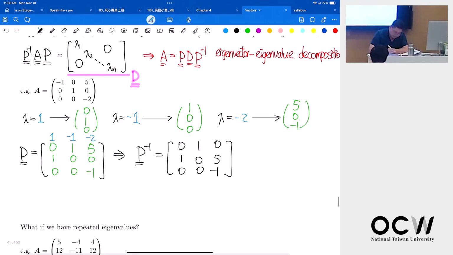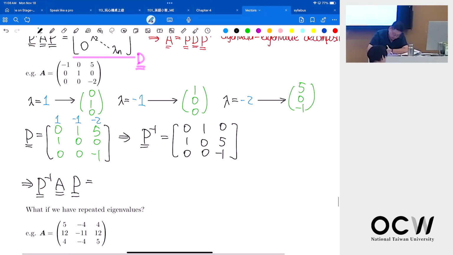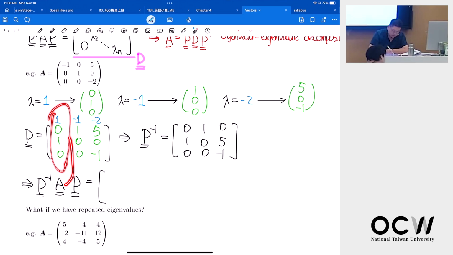Then your P inverse A P is what? Since for the first column you used the eigenvector with the corresponding eigenvalue 1, here you should get 1, 0, 0, and the second column, that's -1, so 0, -1, 0, and the last will be 0, 0, -2.